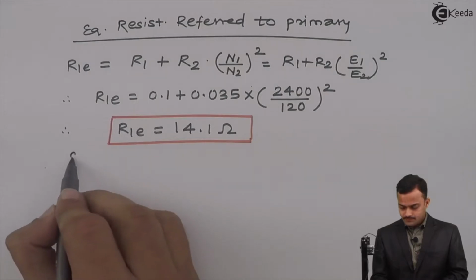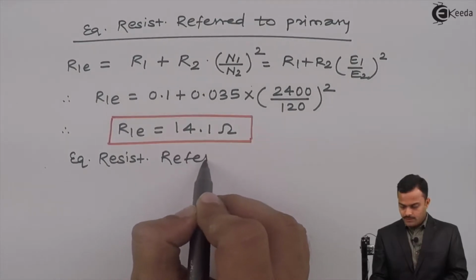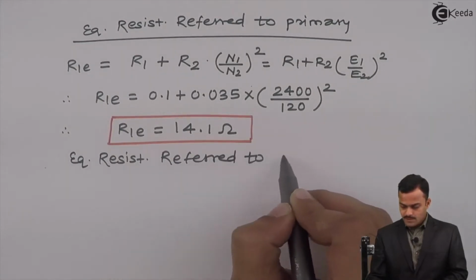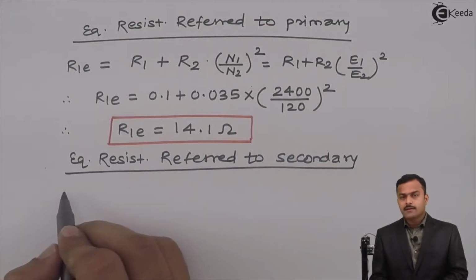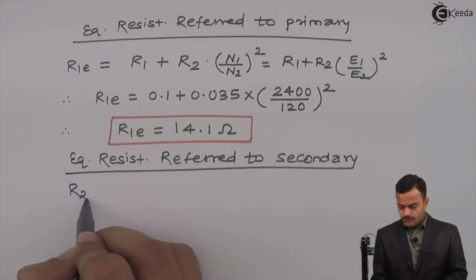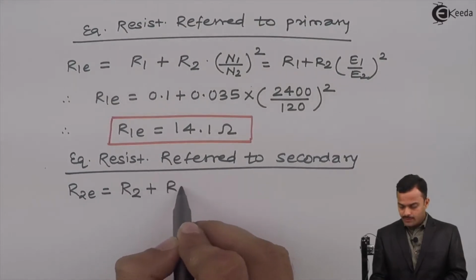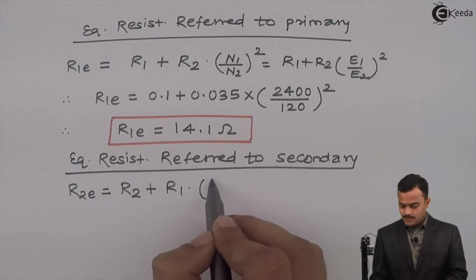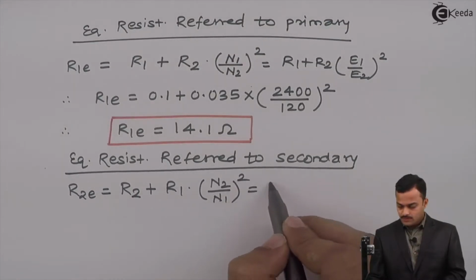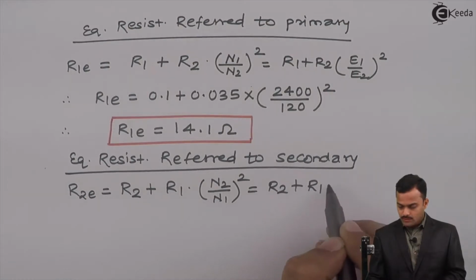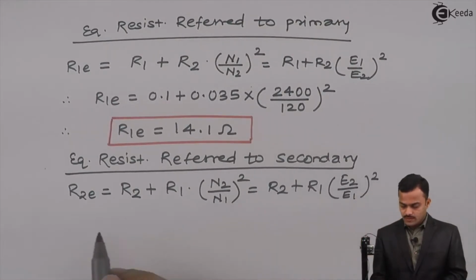Similarly, I can get the equivalent resistance referred to secondary. Here, referred to secondary, R2E equals R2, the resistance will remain as it is, and R1 I am referring to the secondary, so it's N2 upon N1 squared, which is nothing but R2 plus R1 multiplied by E2 upon E1 squared.